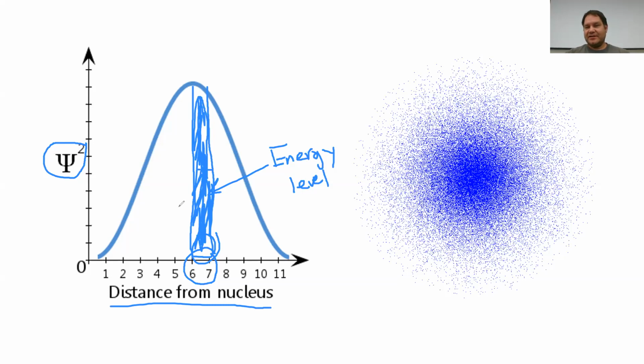It can be anywhere in here at these particular points, but it's most probable here, which is going to be our defined energy level. Okay, so this would be the wave function solution to Schrodinger's equations: these probability distribution maps that you're seeing right here, okay?